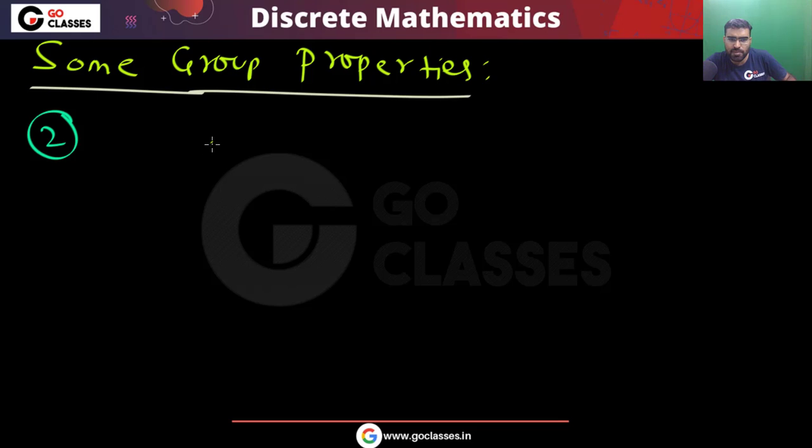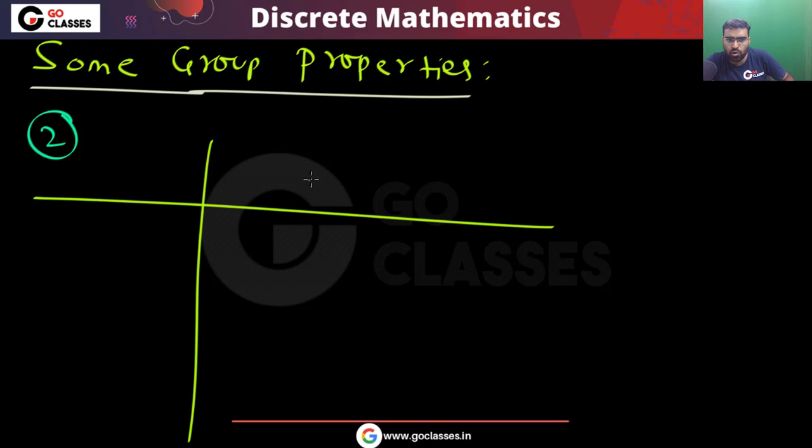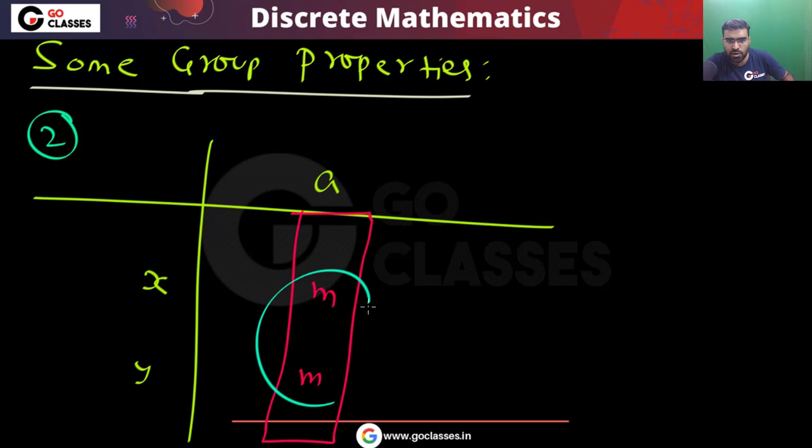Similarly, no element can repeat in any column. If you take this column, let's assume this is A, this is X, Y. In this column also, an element cannot repeat. For example, if I put some element M here, this situation cannot happen. Again, this repetition cannot happen.